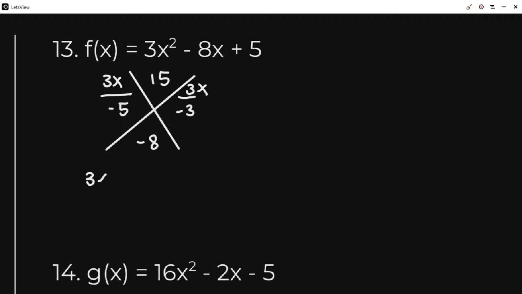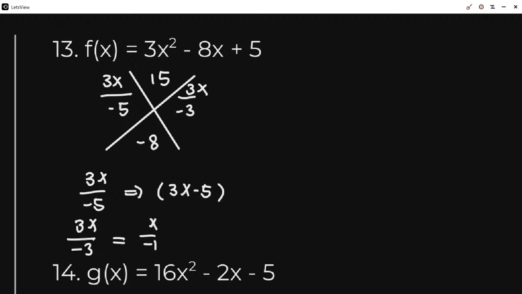So for 3x over negative 5, that's going to become 3x minus 5 because it doesn't simplify. And for 3x over negative 3, that would become x over negative 1, which becomes x minus 1, since it does simplify. So that means we have 3x minus 5 times x minus 1, and that's factored form.